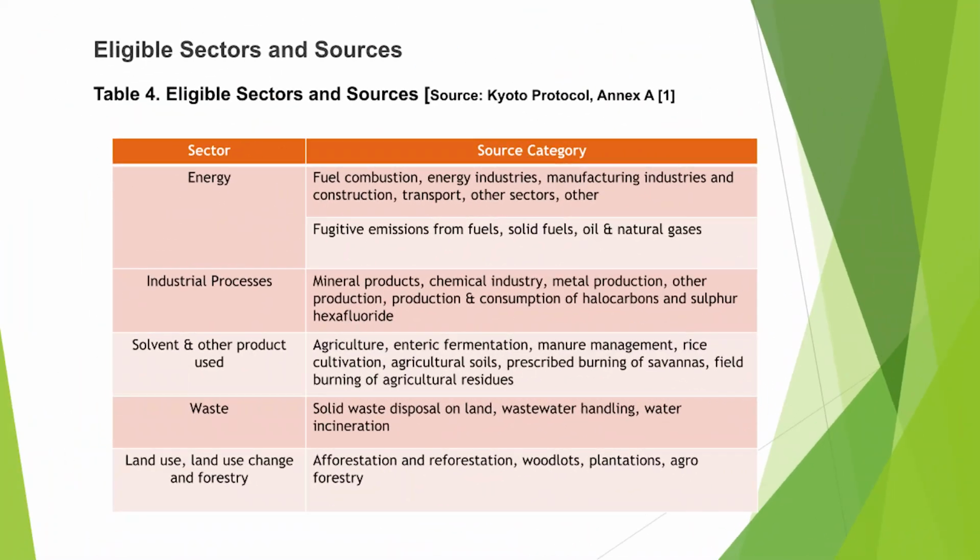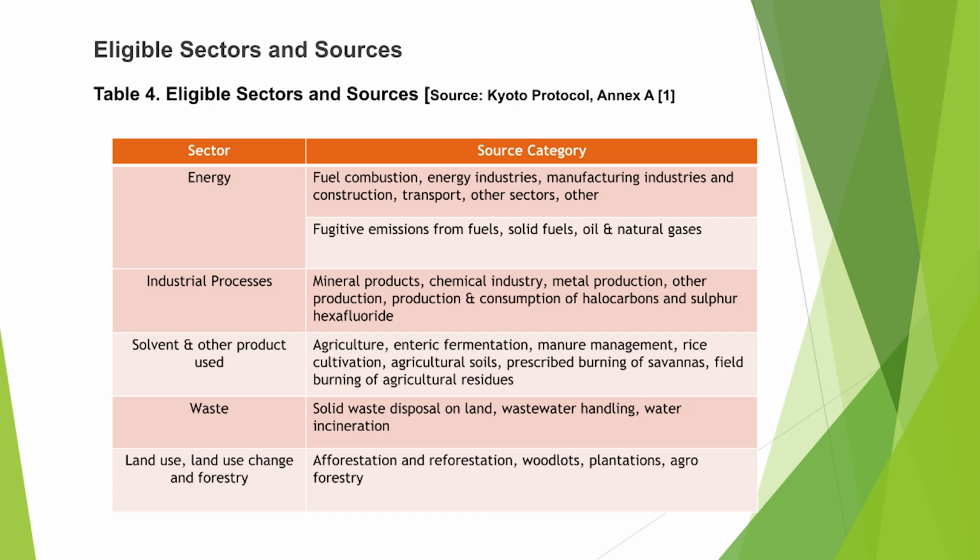Now in this table you can see the eligible sectors and their sources. For energy, the source categories are fuel combustion, energy industries, manufacturing industries, construction, transport, other sectors and many more. For industrial processes, the sources are mineral products, chemical industry, metal production, other production, and production and consumption of halocarbons and sulfur hexafluoride.